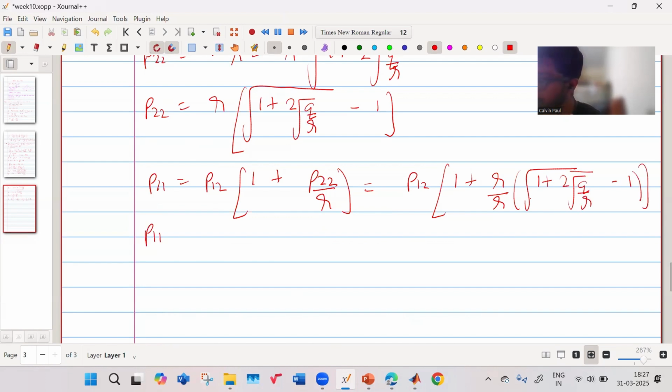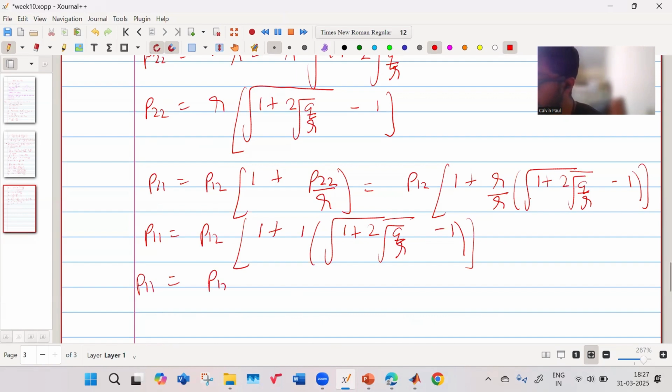So this is p11 is equal to p12 into 1 plus 1 plus square root of 1 plus 2 square root of q upon r minus 1. So p11 is equal to p12 into 1 minus 1 plus square root of 1 plus 2 square root of q upon r.